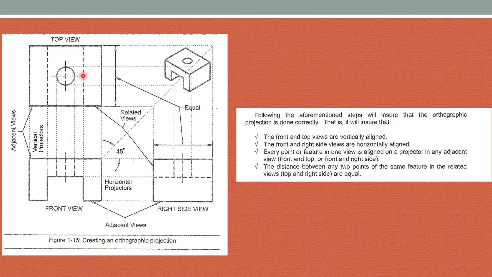If you do it right, you can take your top view, front view, right side view, and you can either come up with an isometric view or go from an isometric view to an orthographic view.